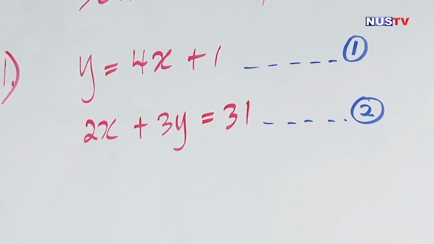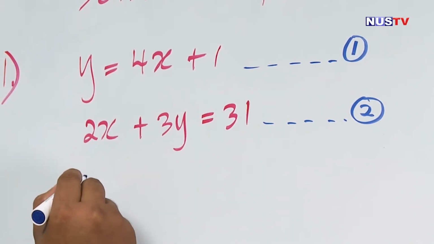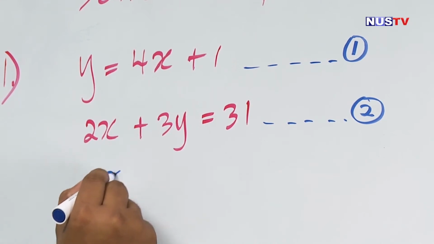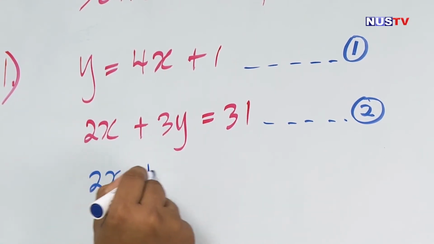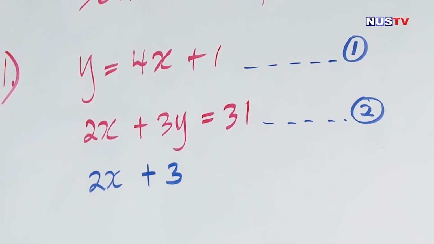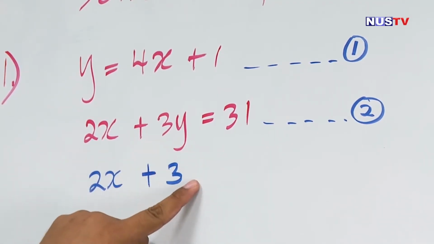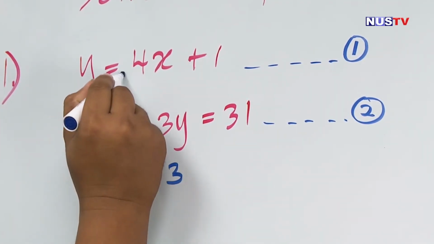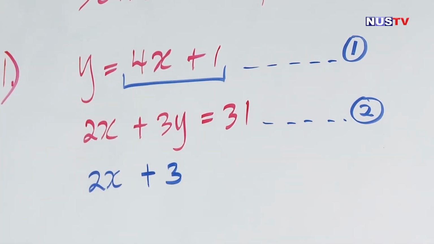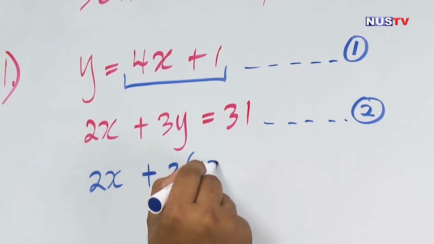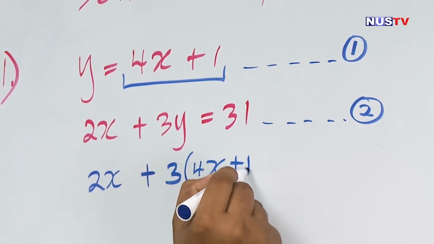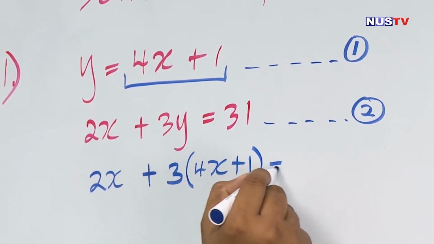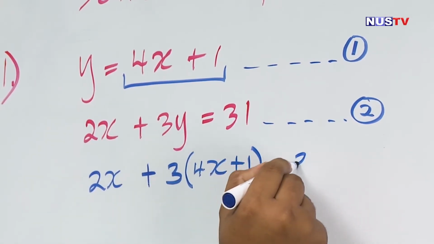So in order to do that, we are going to say, we have our second equation. So 2x plus 3y. So instead of putting y here, now we are bringing the whole value of y here. So now y there will be equal to 4x plus 1, and all of that will be equal to 31 here.